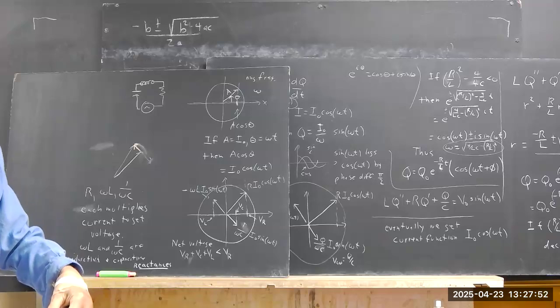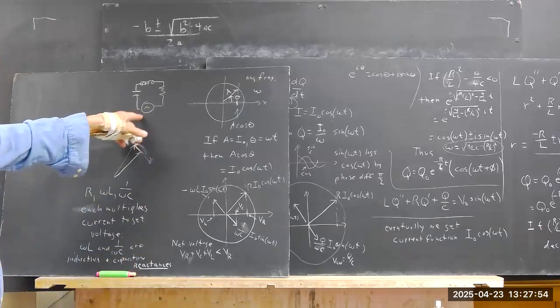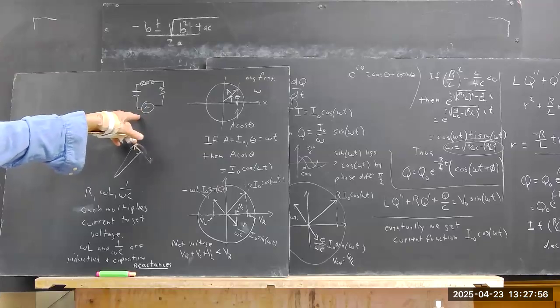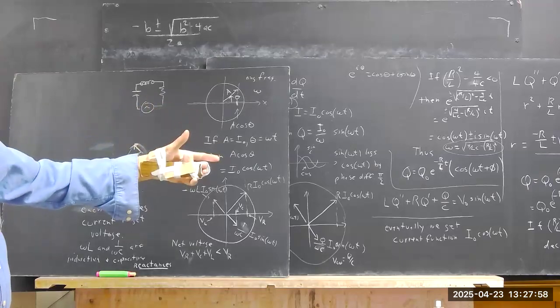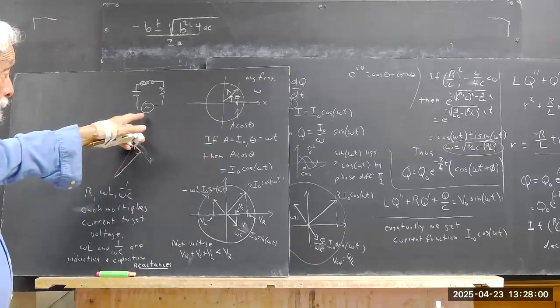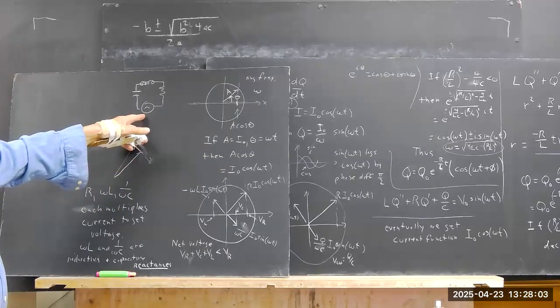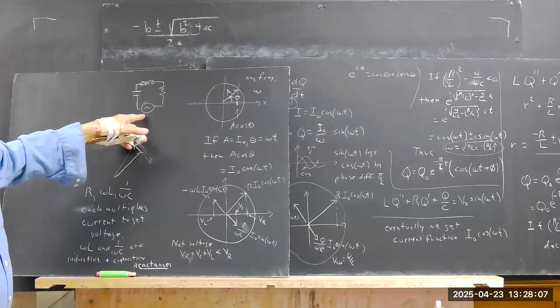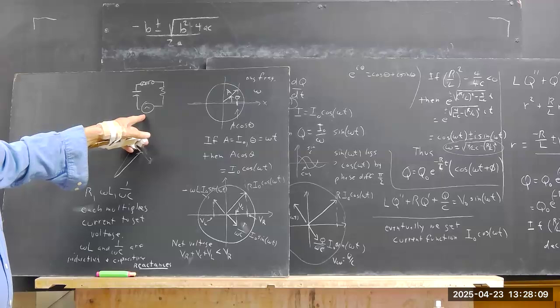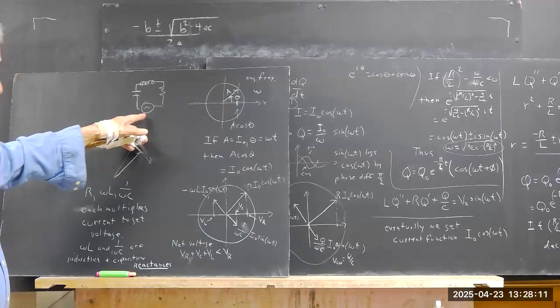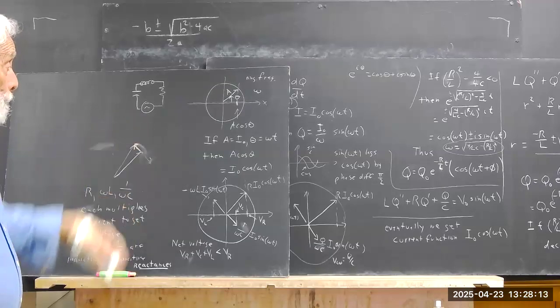If you keep this thing running at a constant frequency and constant amplitude voltage, say you apply 10 volts at a frequency of a kilohertz, 1,000 cycles per second, just imagine 10 volts here.